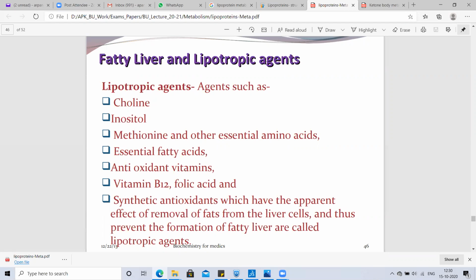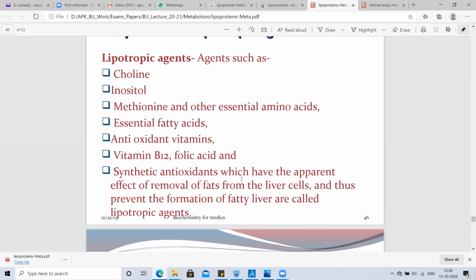They basically help in the removal of fats from the liver cells and thus prevent the formation of fatty liver, and they are thus called lipotropic agents.